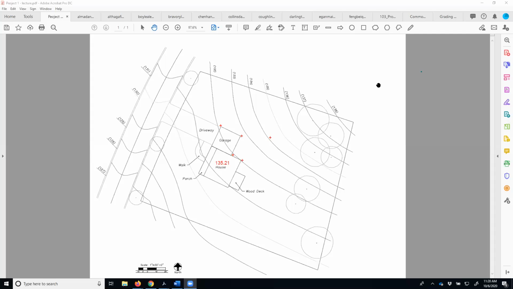This is not exactly the same as yours. It's a mirror image of something, but I assume that you're seeing a plan with a 135.21 finished floor elevation. Is that what you're seeing? Yeah. Okay.